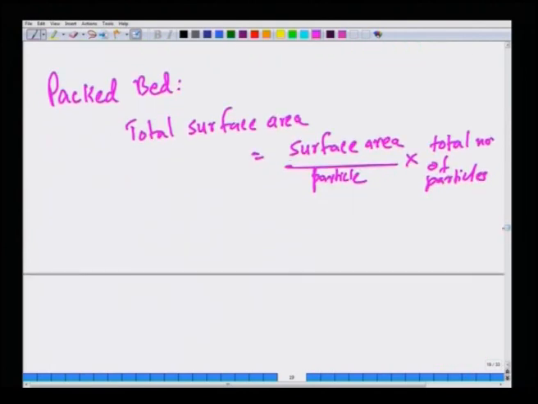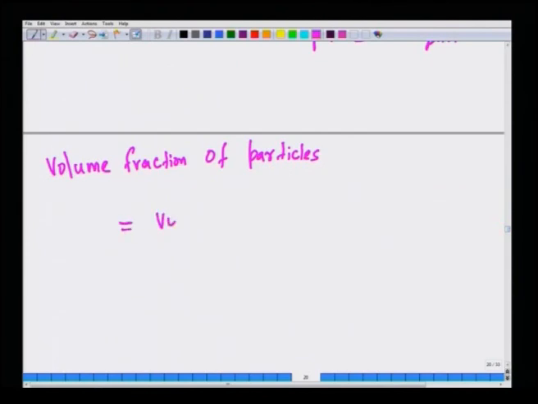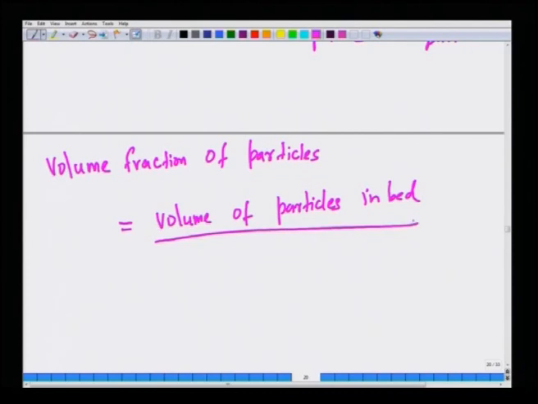Okay. So, that is the total surface area available in the real packed bed. Now, the volume fraction of particles is nothing but the volume of particles in the bed divided by the total volume of the bed.